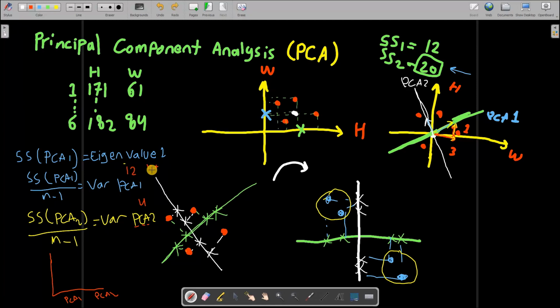So here we have 12 divided by 16 because it's 12 plus 4. And here we have 4 divided by 16. For PCA1, we got a result of 75%. And for PCA2, we got a result of 25%. All right? And as you can see, the variation on PCA1 is way higher.